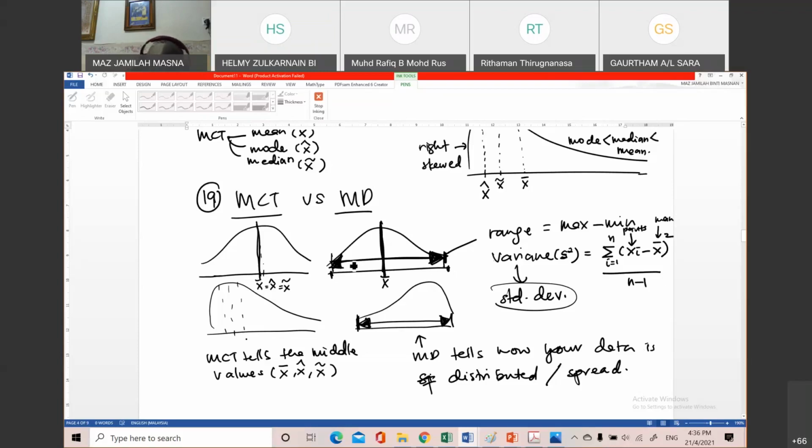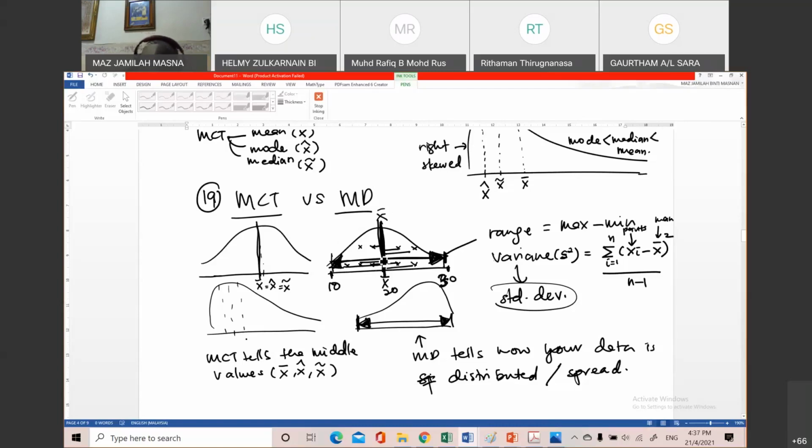We measure the distance of each data point to your X bar. For example, let's say this is 10, this is 20, this is 30.